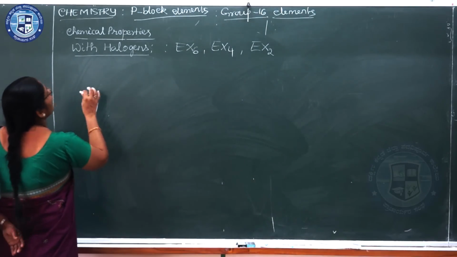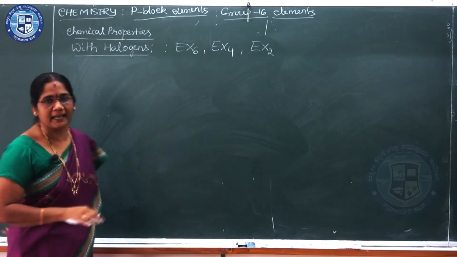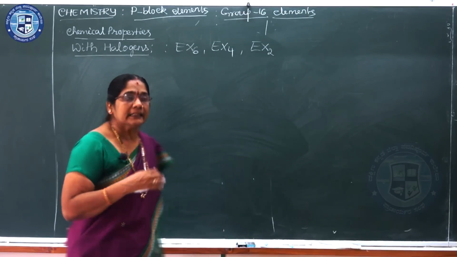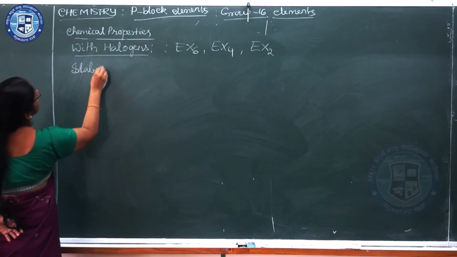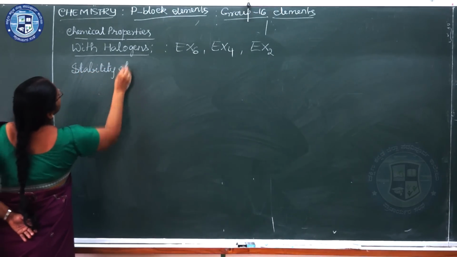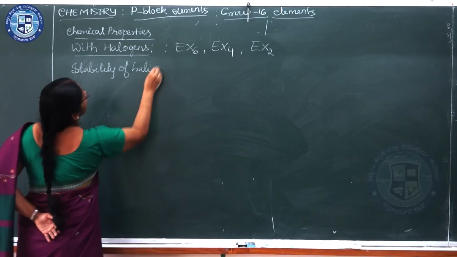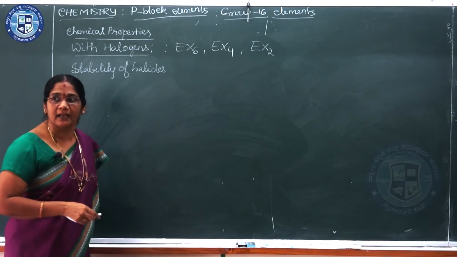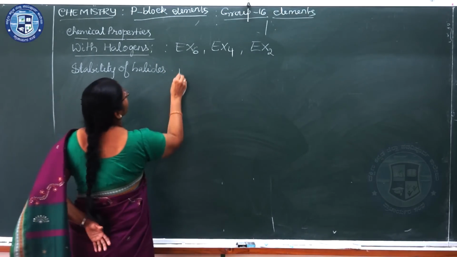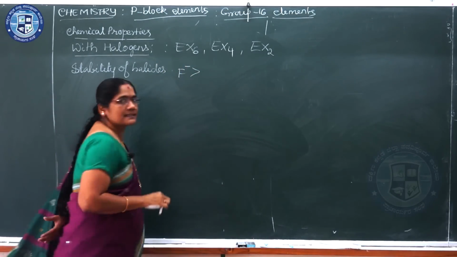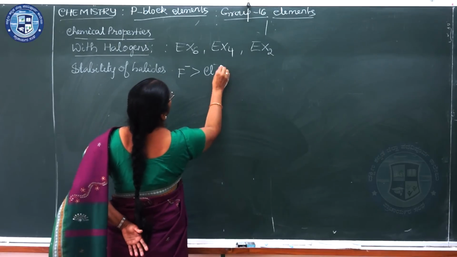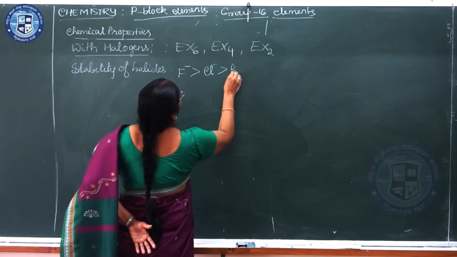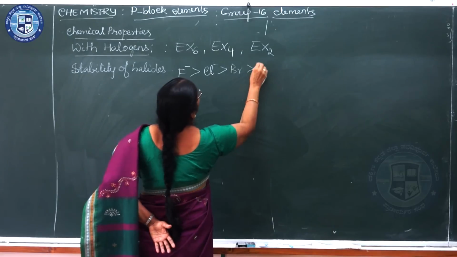Now among all these halides, if you see the stability, which halogen gives the most stable compound, the fluorides are the most stable, followed by chlorides, then bromides, and then iodides.